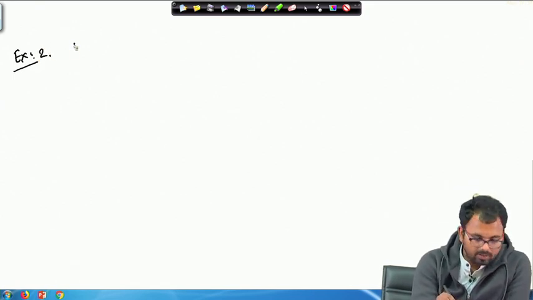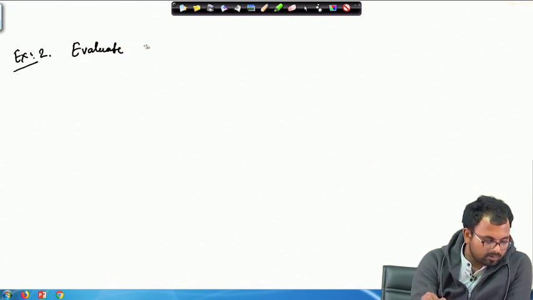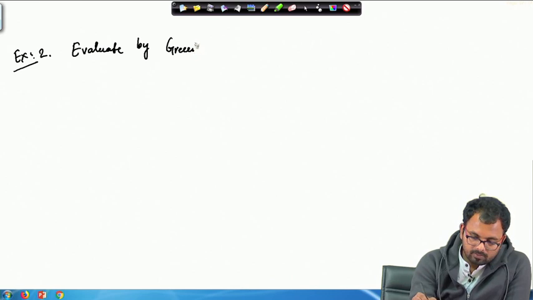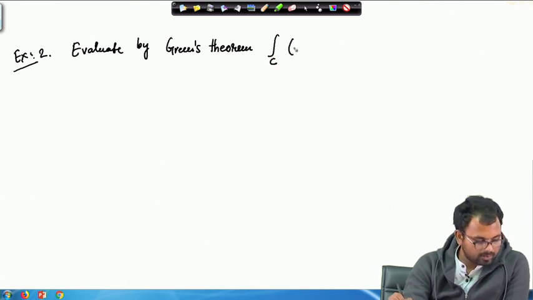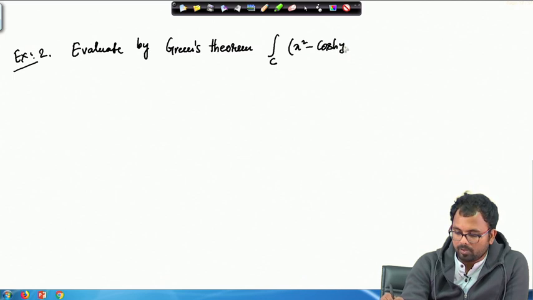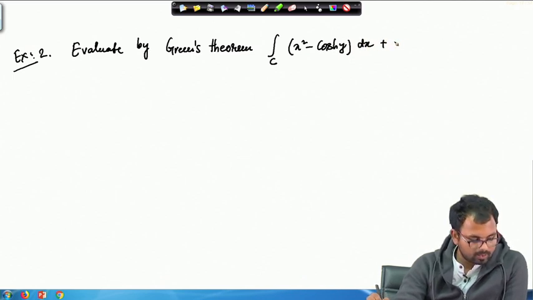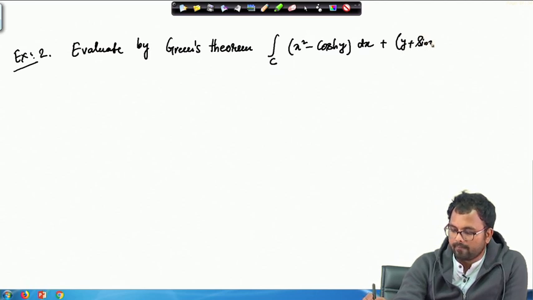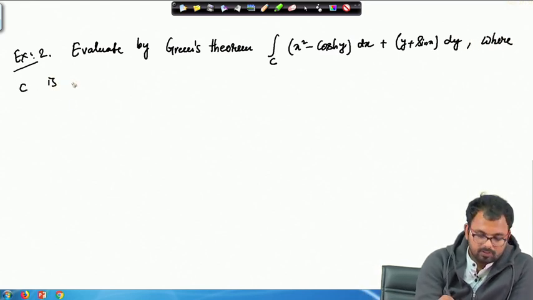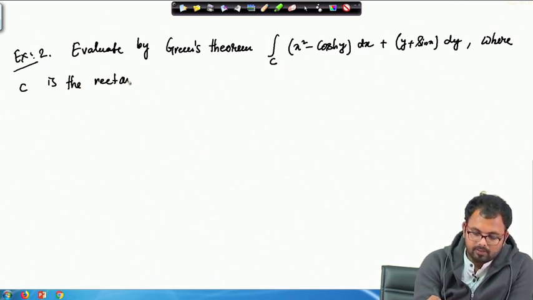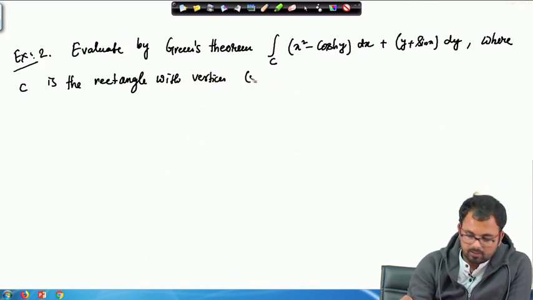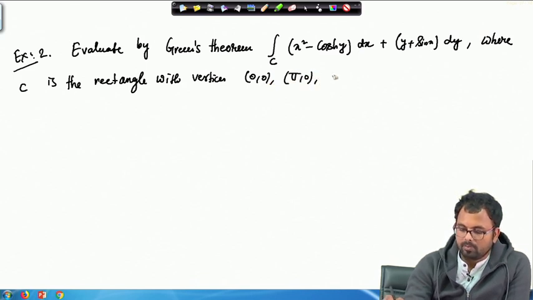So, example 2, evaluate by Green's theorem the line integral over C of x square minus cos hyperbolic y dx plus y plus sin x dy, where C is the rectangle with vertices 0 0, pi 0, pi 1 and 0 1, right.